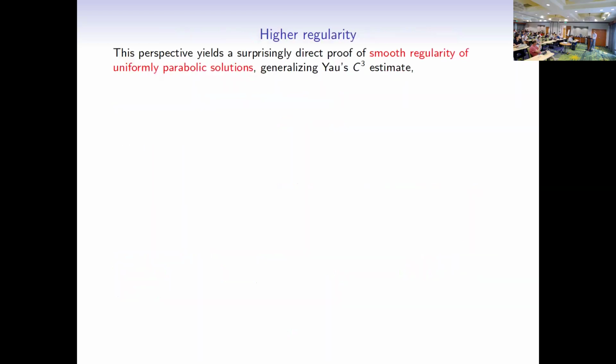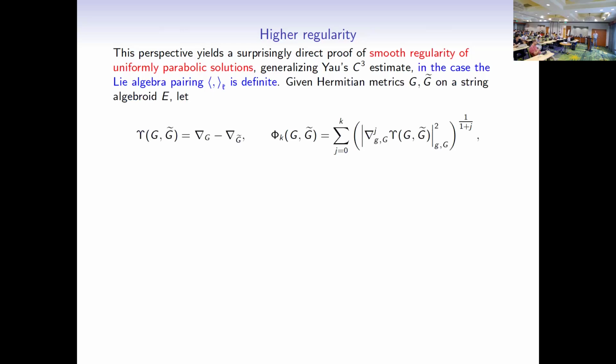Okay. And then this has a really nice consequence, which is more or less immediate once you have this picture, which is a generalization of Yau's C3 estimate for the complex Monge-Ampere equation. And again, here I'm going to emphasize that I'm picking the Lie algebra to be definite. Okay, I'm going to impose this assumption.